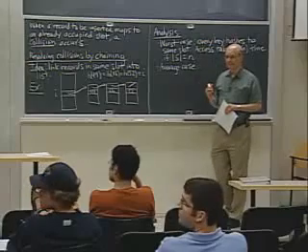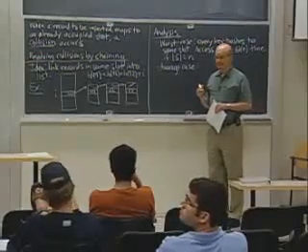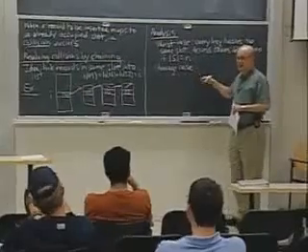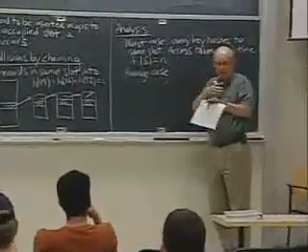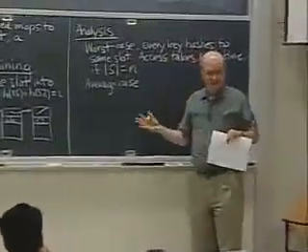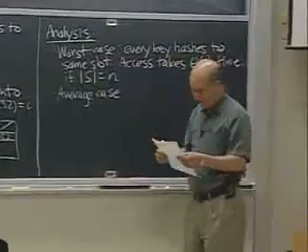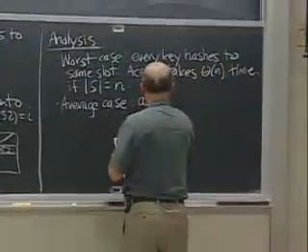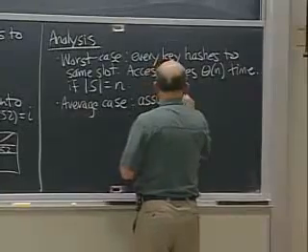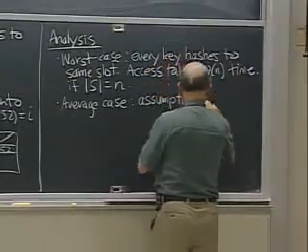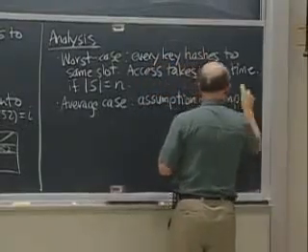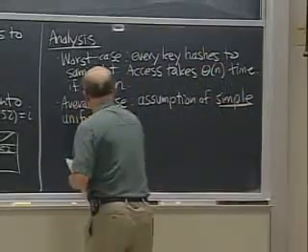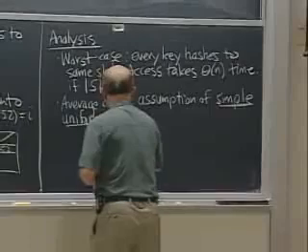Yeah, map the keys essentially at random to a slot. It should really distribute them randomly. So we call this the assumption of simple uniform hashing.